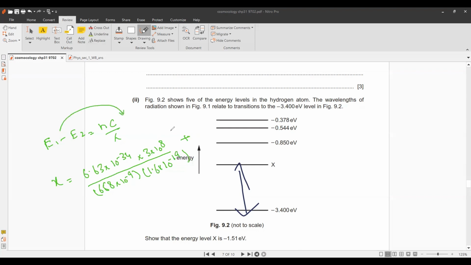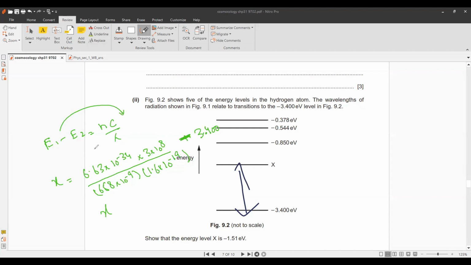And this when moved here plus E2, which is 3.400. What was the answer to X? Sorry, energy level, which is X basically. Okay, sorry, minus minus would be here.